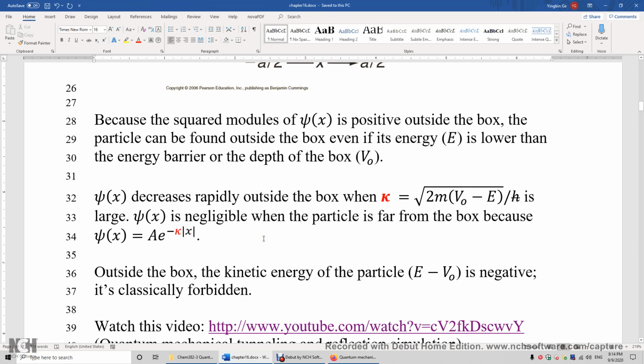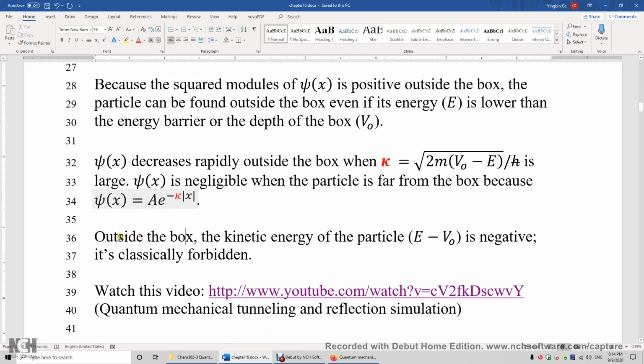You will be able to observe the tunneling effect of electrons easily. For atoms, it's more difficult. And we never observe macroscopic objects tunneling through a wall. Now let's look at this kinetic energy again. The kinetic energy is E minus V0.